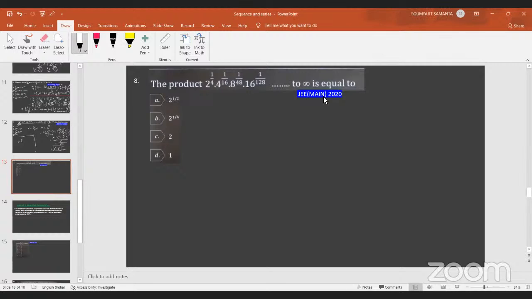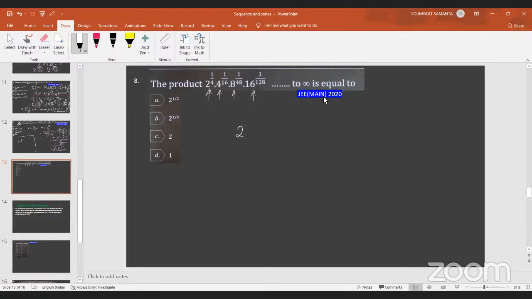What about this problem? They have asked you to find the product of this to infinity. The product of these terms that has been given. You have to find the result for this. To find this, we'll make the base of each term the same.